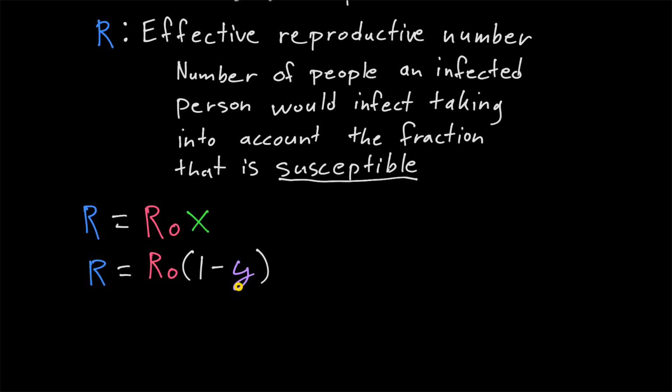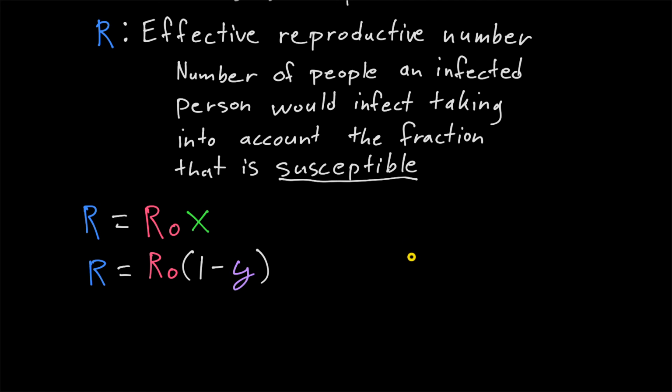Remember, all I did here is I just substituted 1 minus y, so the whole population minus the population that is immune, for the population that is susceptible. Because the population that is susceptible must be equal to the whole population minus the population that is immune.